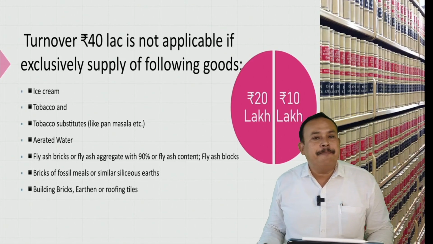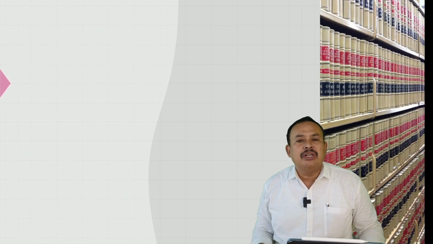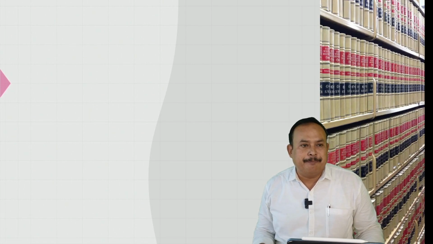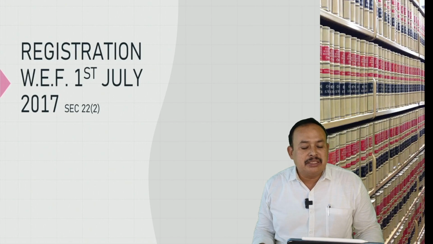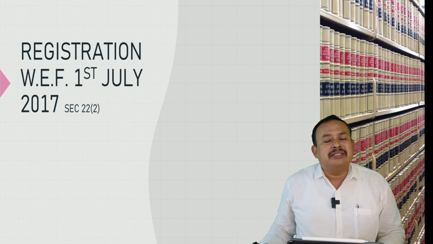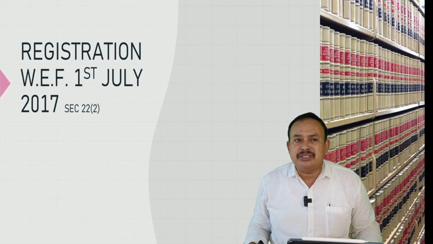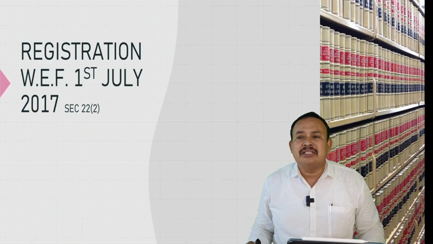Any difficulty? Further, I am referring to Section 22, subsection 2, which is a case where legislative history is required. When GST was introduced in India, the appointed day was 1st July 2017.